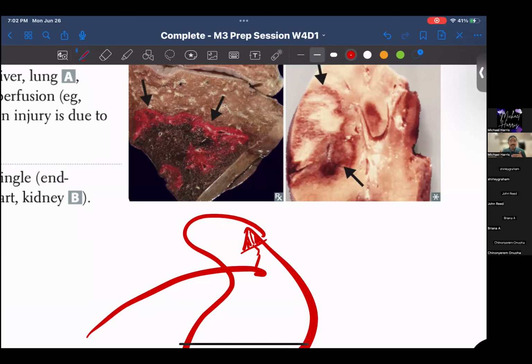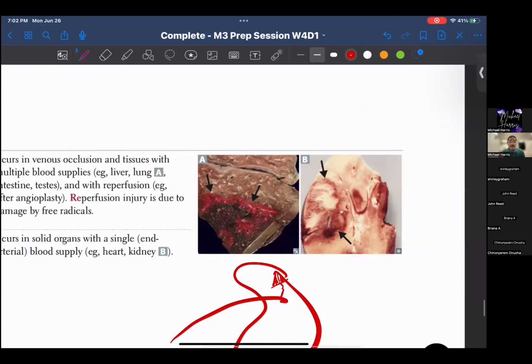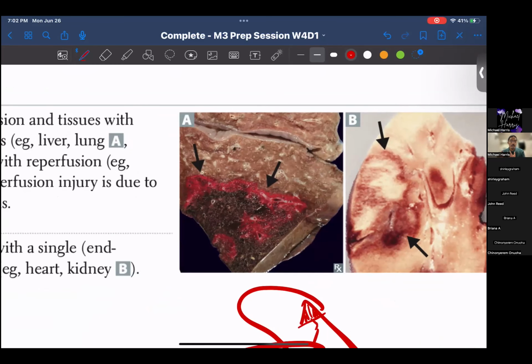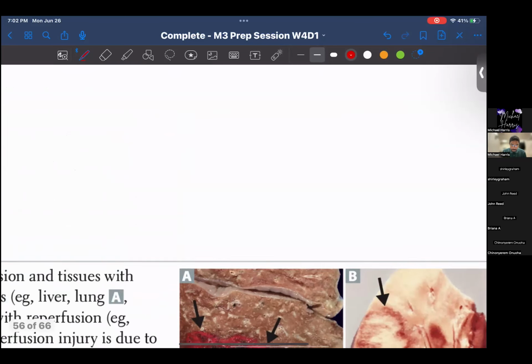Okay? So essentially, a pale infarct is due to the lack of blood. The lack of blood is why you have a pale infarct. Now, red infarcts are due to the presence of blood. So, what does that mean? That means this.